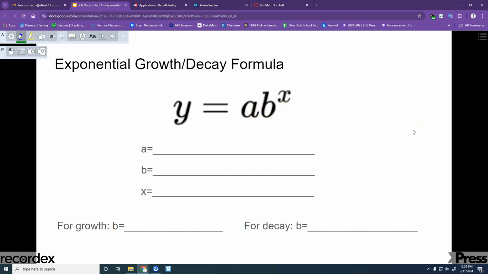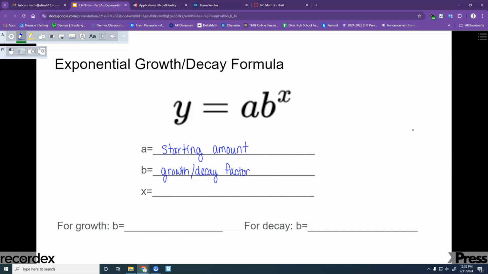In this formula, a is your starting amount, sometimes called the initial amount. It's how much you begin with for the problem. B is either your growth or decay factor.